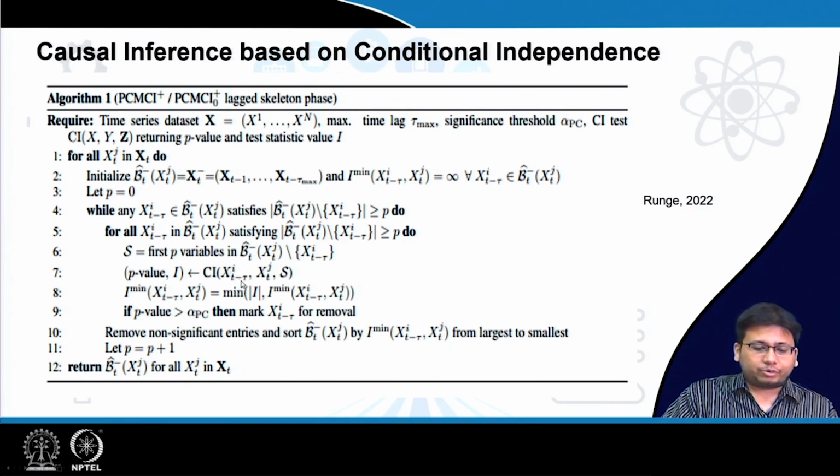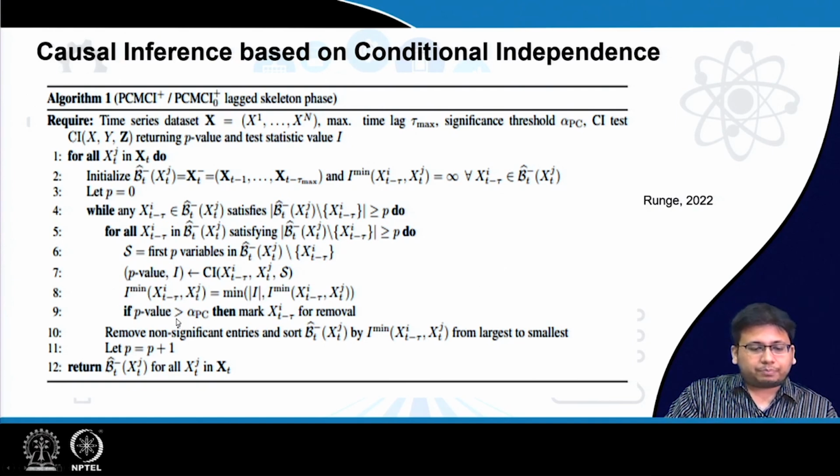Note the presence of this t minus tau: they are actually calculating the lagged independence relations, that is, instead of comparing xt and yt, they are considering xt minus tau and yt, to take care of the lagging effects. As a result they get the value of this test statistic and also the p value.